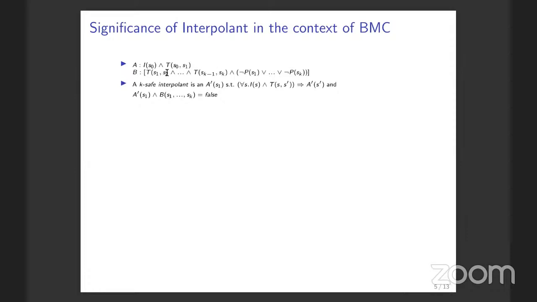The common variable is still the S1 variable that you get after the one-step image. This is exactly the BMC formula whose satisfaction reveals the existence of a counterexample. It is checking if there is some bad state, not P, in any of the states reachable in up to K steps. An interpolant of these two formulas is what we define as a K-safe interpolant.